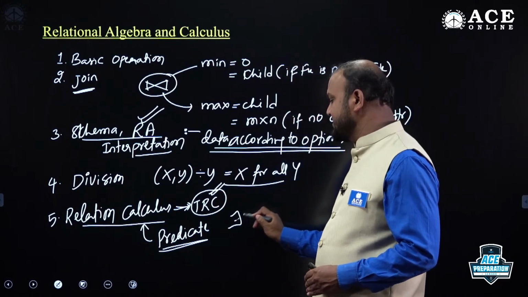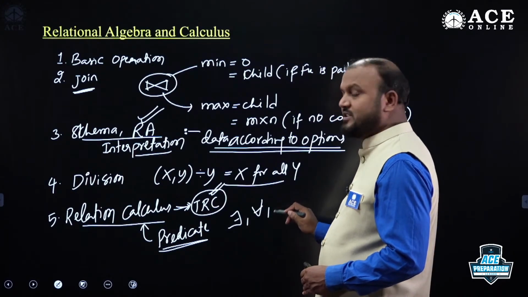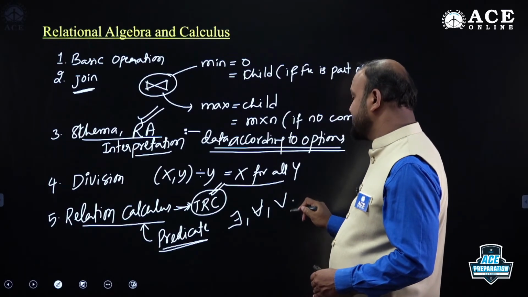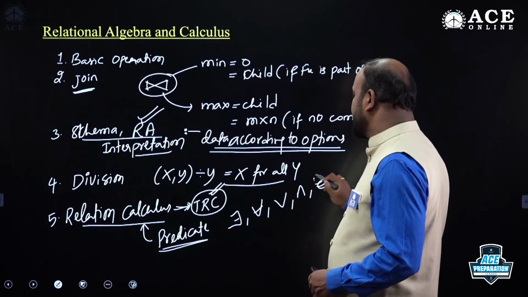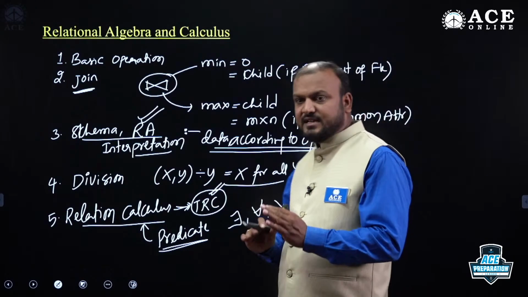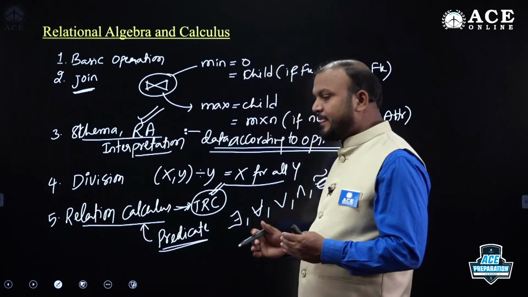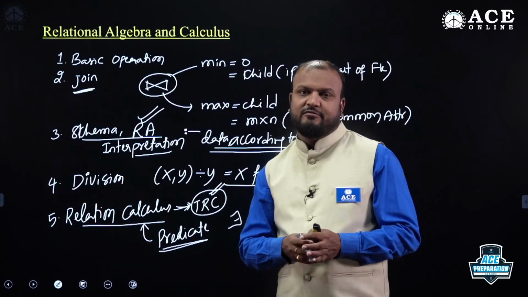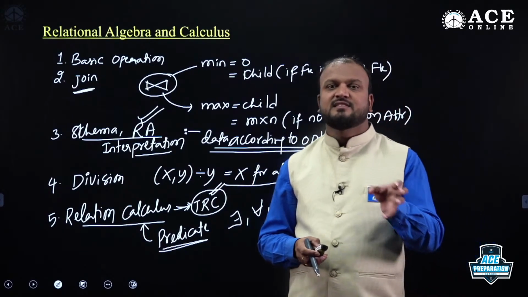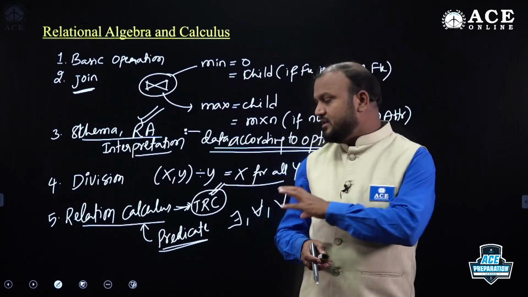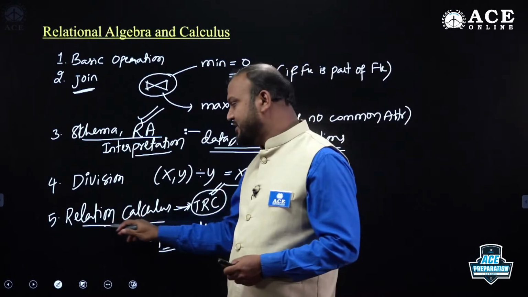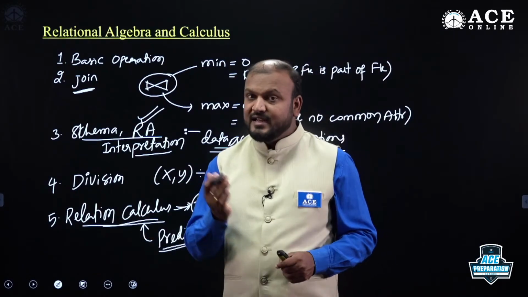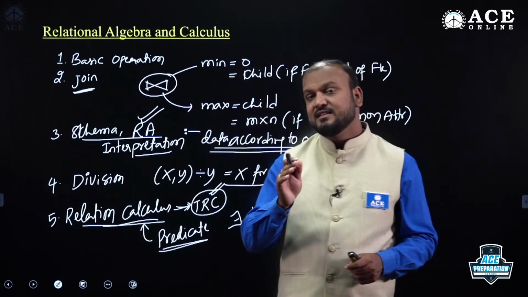We have there exists, for all, conjunction, disjunction and negation operators. To understand the conversion and simplification process, like the simplification of mathematical expressions you studied in mathematical logic, you can apply that simplification in relational calculus expressions, so that analysis and interpretation is easy.